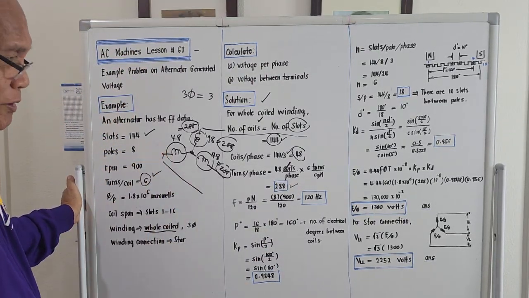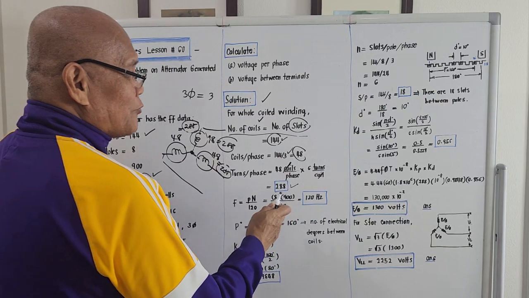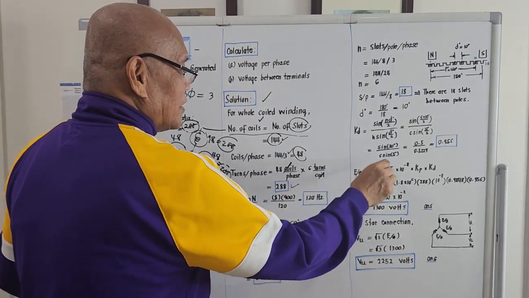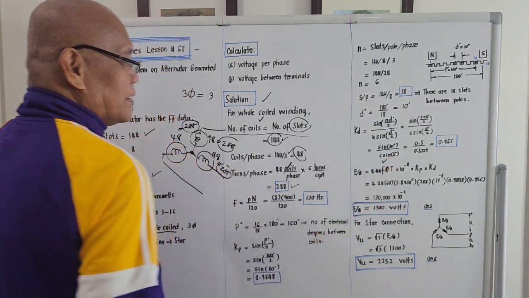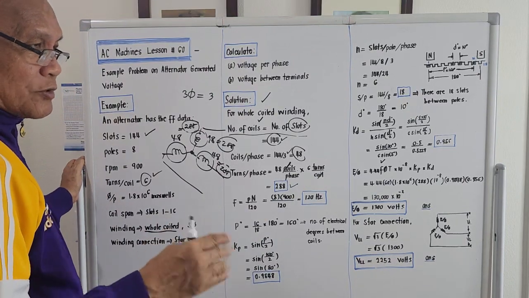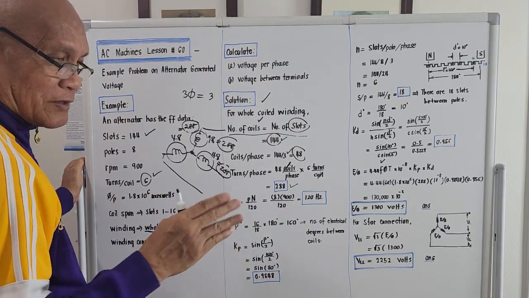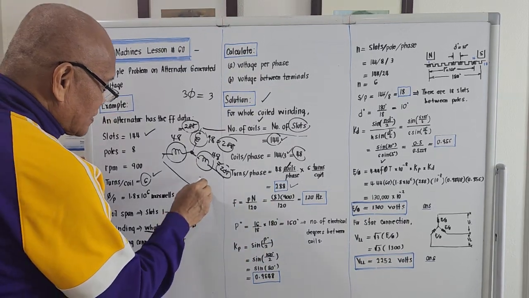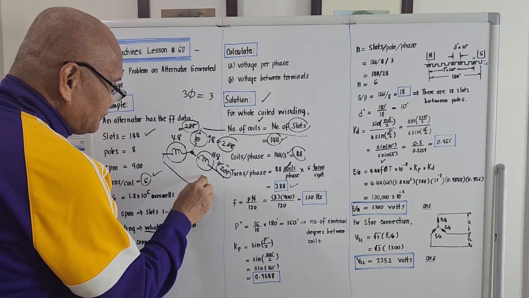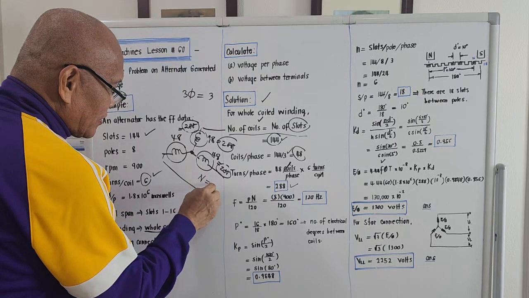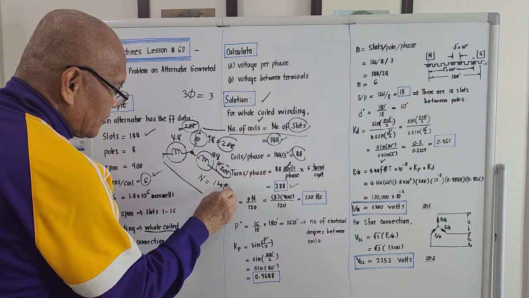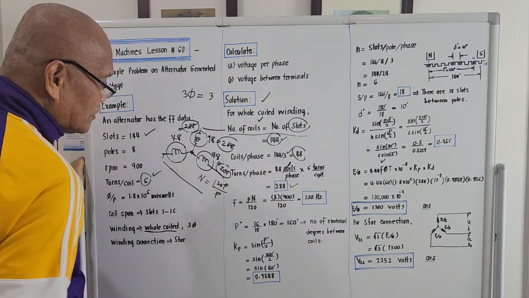Let's try to compute for the frequency. Because if we go back to the formula, we need the frequency. The only factors that control the frequency are the RPM and the number of poles. RPM is actually 120 f over number of poles.